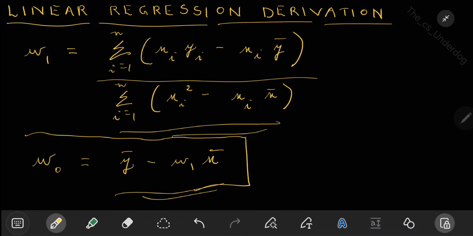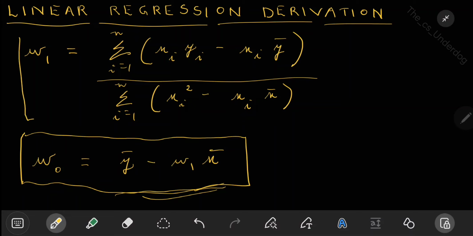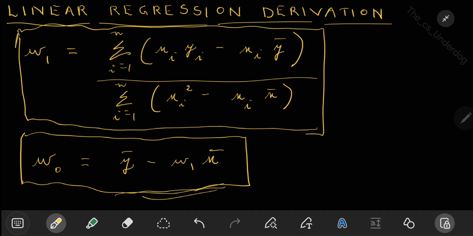So you have to substitute the value of w1 in order to find that of w0. But the value of w1 that we got here is independent of w0. So in order to find the coefficients, first you substitute the values and find the value of w1. Once you find it, you can use that value of w1 along with the values of x and y in order to find w0.